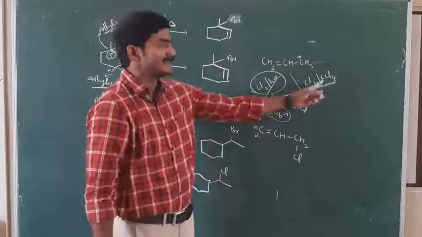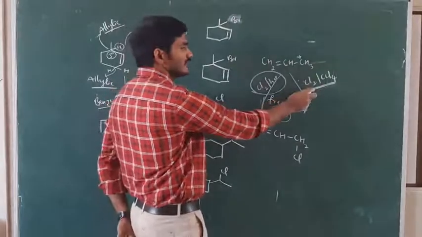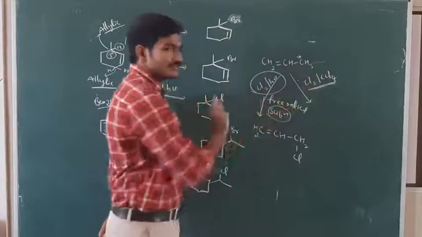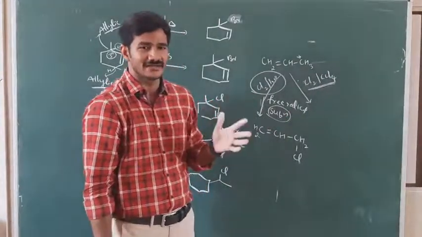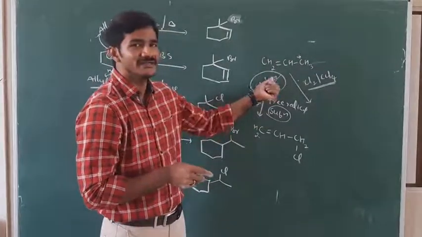It is not light, it is CCl4 as a solvent. If I take Cl2 in CCl4 here, this will not undergo free radical substitution, because light is not there, and that will not favor the free radical. To form the free radical intermediate, you need the presence of light.